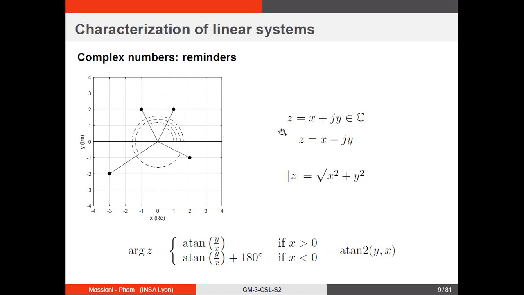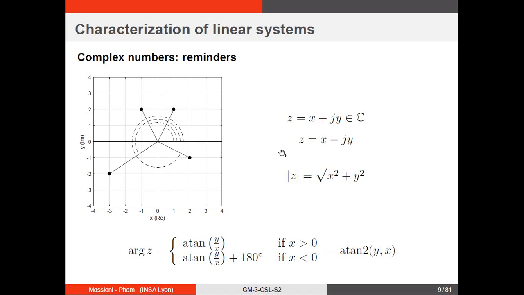So if we have a complex number z made of x plus jy, then computing the modulus is just Pythagoras' theorem, square root of x squared plus y squared, and I'm sure nobody is going to make mistakes on this.